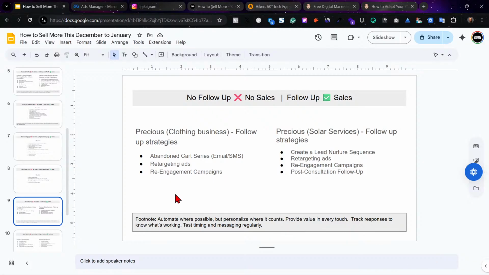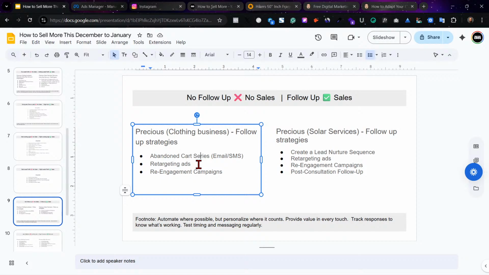If you're selling products, you can personalize it if the person has added their name, or the location, say Nigeria. You can say, hi, welcome Nigeria, whatever you want to do, personalize it. There are ways you can personalize your store and provide value at every touch.